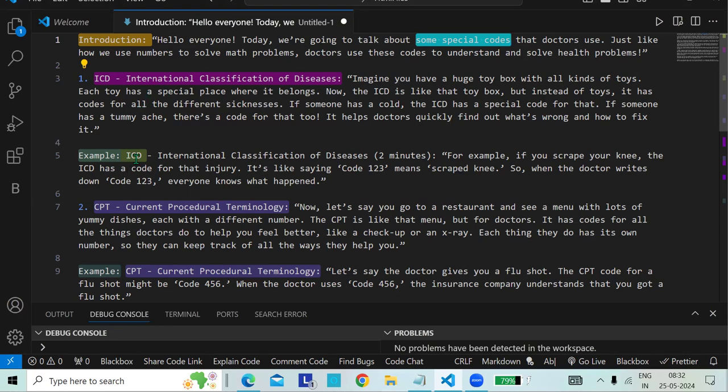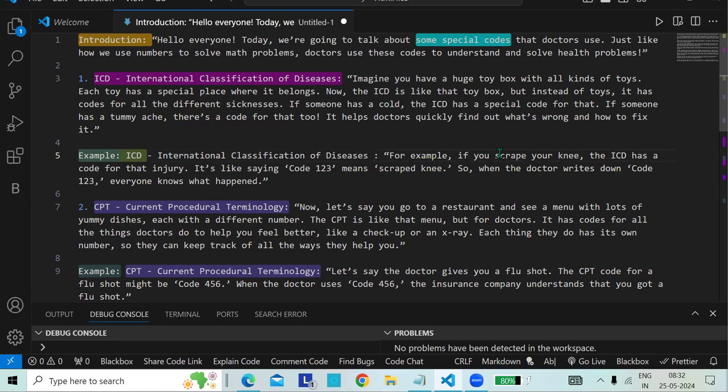And we have some examples. ICD, International Classification of Diseases. For example, if you scrape your knee, the ICD has a code for the injury. It's like saying code 1 to 3 means scraped knee. So when the doctor writes down codes 1 to 3, everyone knows what happened.